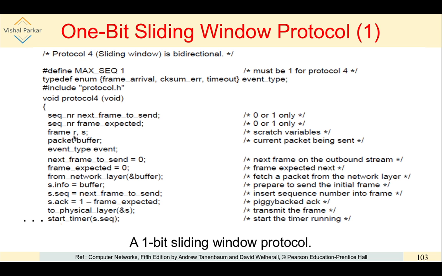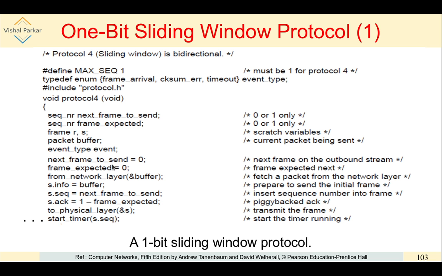Two frames have been defined, one is r and one is s. Buffer is a packet type, and event is a variable of type event_type. That means once again it can have any of these possible values. The next_frame_to_send is initialized with 0 along with frame_expected as 0 as well.